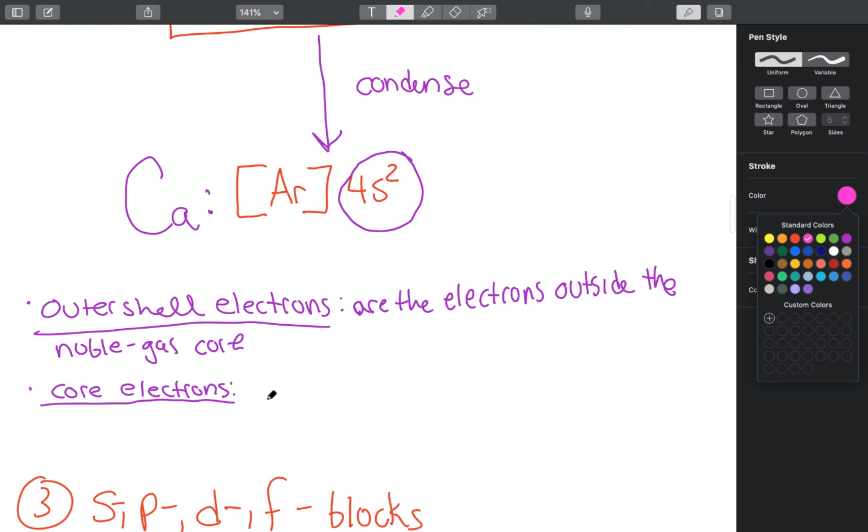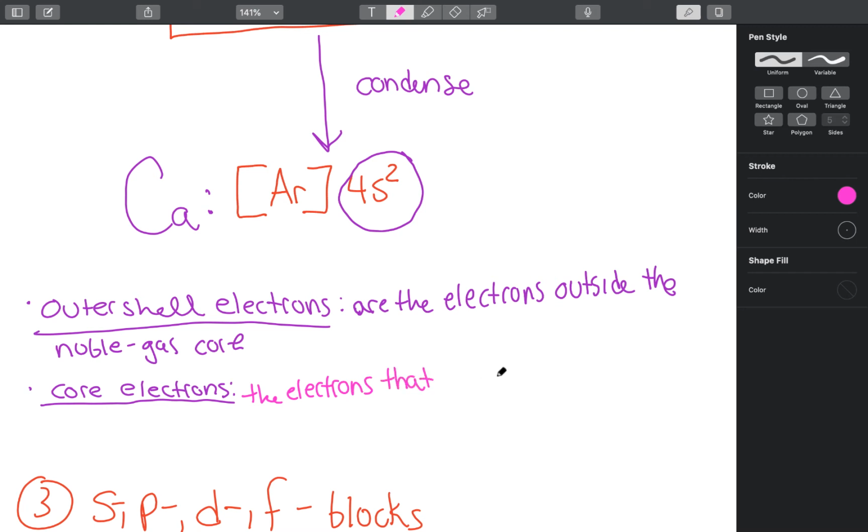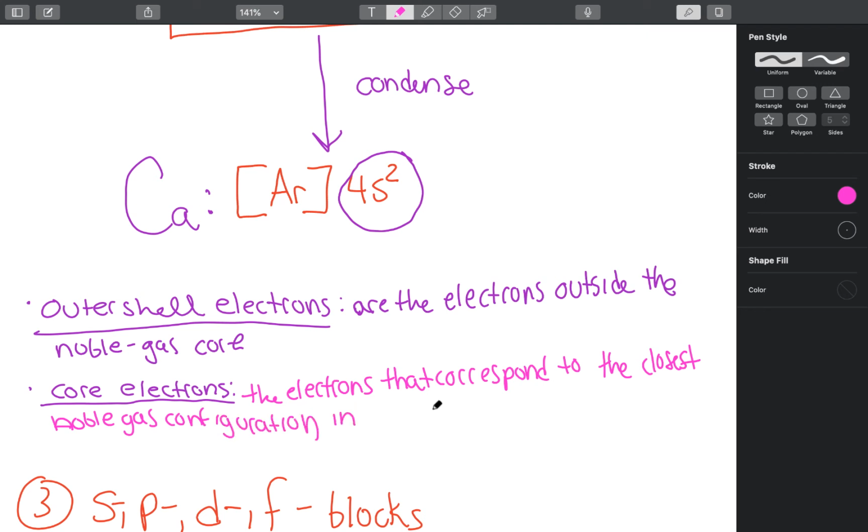And the core electrons are the electrons that correspond to the closest noble gas configuration in an electron configuration.